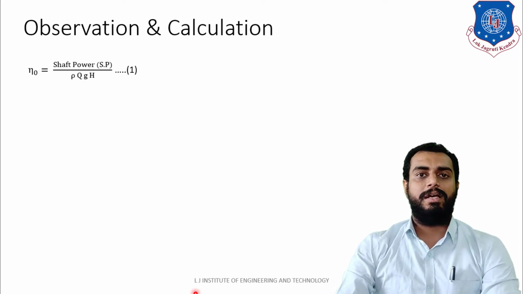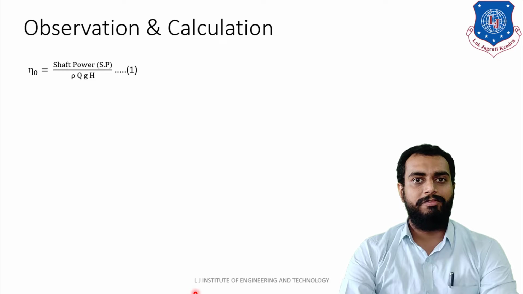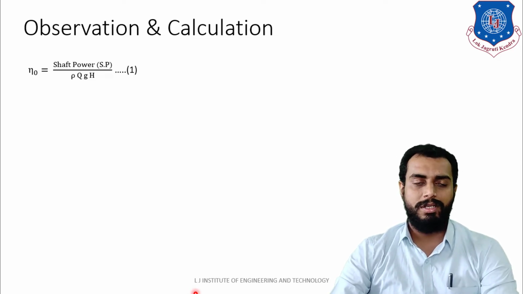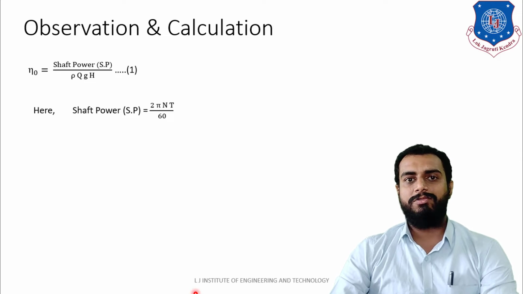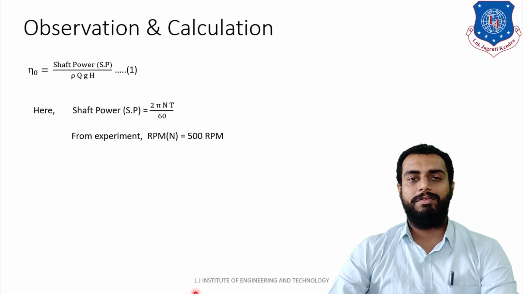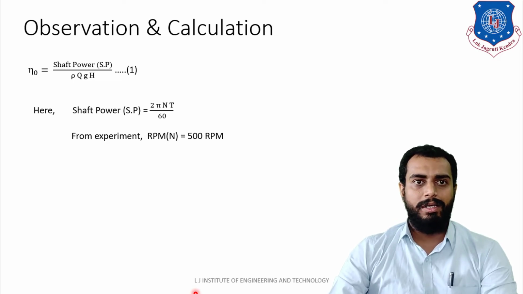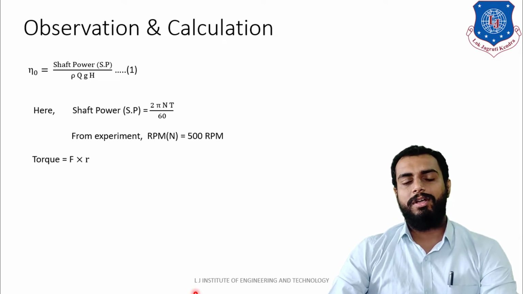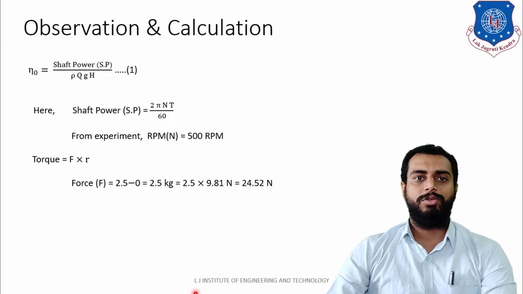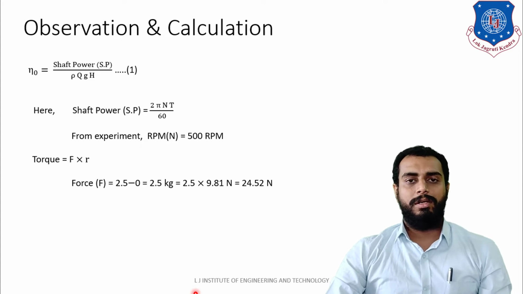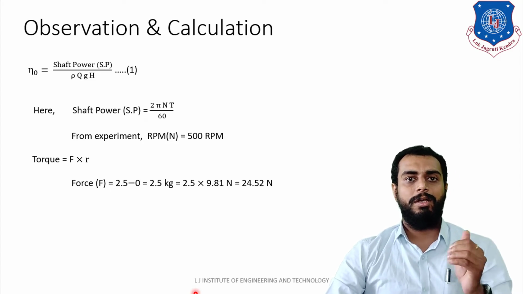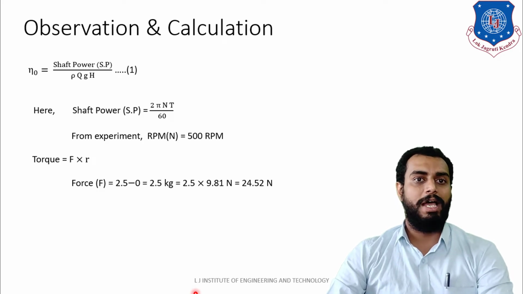So we know that efficiency of the Kaplan turbine will be shaft power divided by water power, that is rho G Q H. So here shaft power is what? 2 pi NT by 60. So from experiment we have noted down the RPM, that is 500, right? And torque is equal to what? Force into radial distance. So force is equal to what? So from the given set of experimentation, the applied force through the pulley and rope is 2.5 kg.